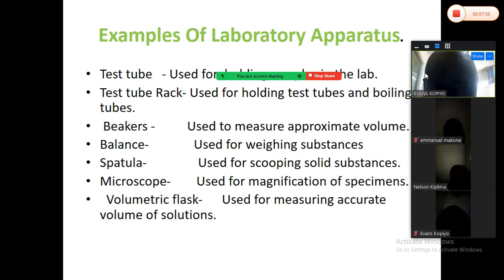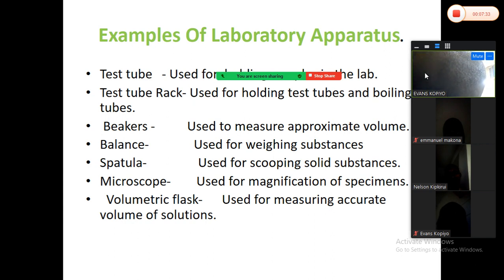Most apparatus are made of glass or plastic. Sorry? I can see, Gerald, you have a concern, but your voice is too low. Yes, I can hear you now. Why is it that most apparatus in the laboratory are made of either glass or plastic?